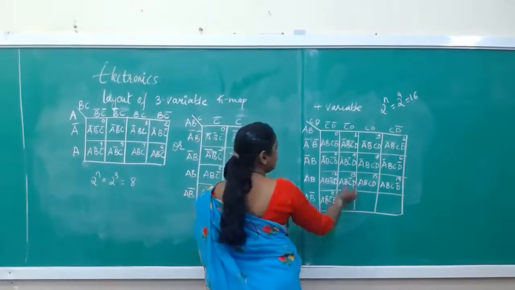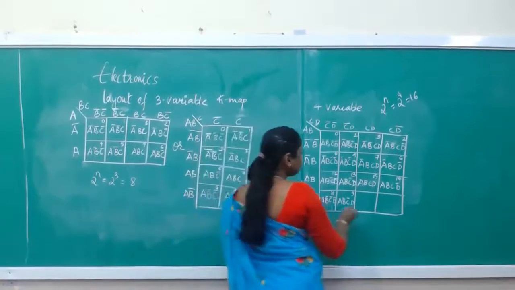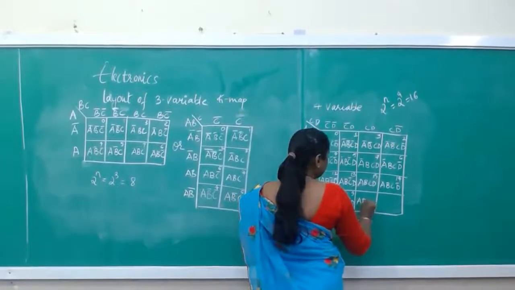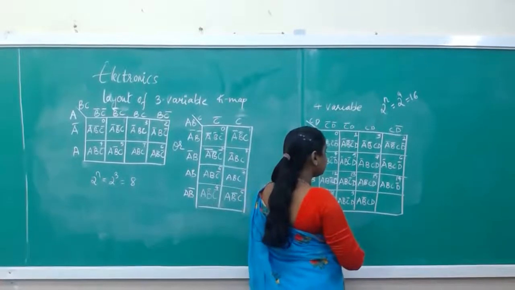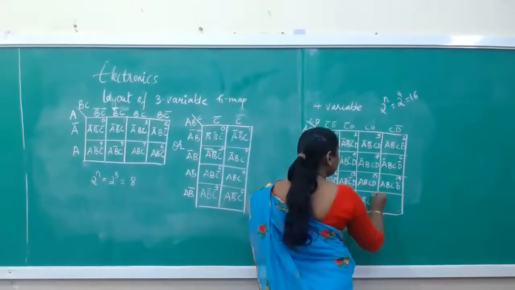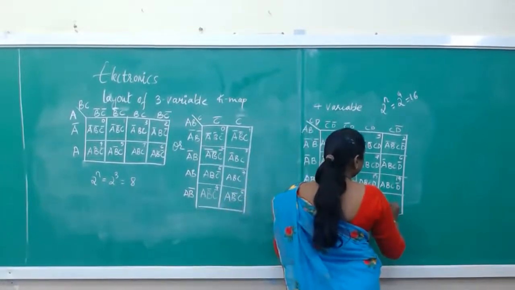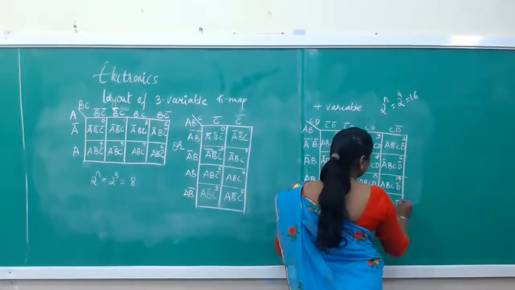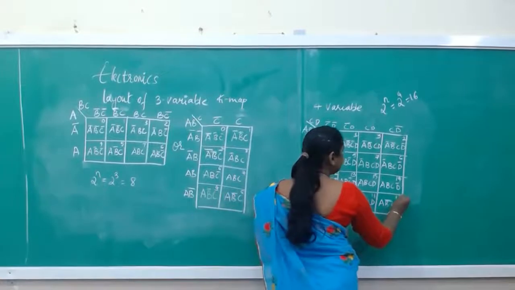Here we have to frame this combination and this combination. A, B bar, C, D, that means 1 0 1 1, which means 11. A, B bar, C, D bar, 1 0 1 0, that is nothing but 10.